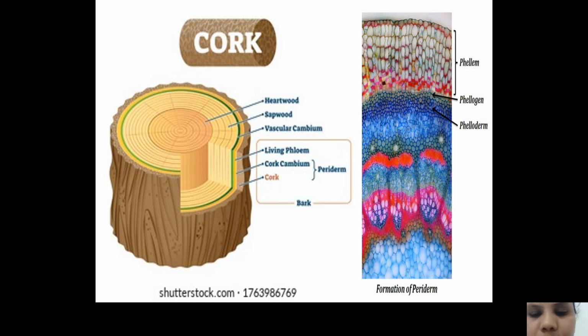In this, the phellogen is a cork cambium which is formed first, and it cuts off the cells towards the upper side and the inner side.